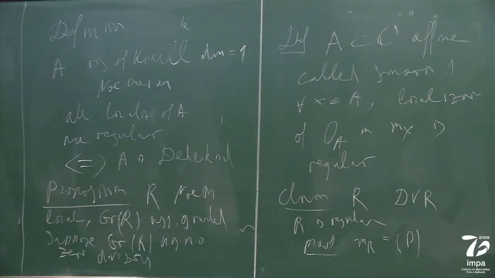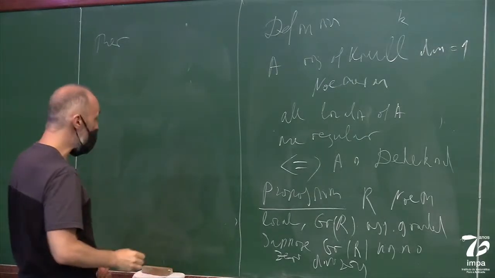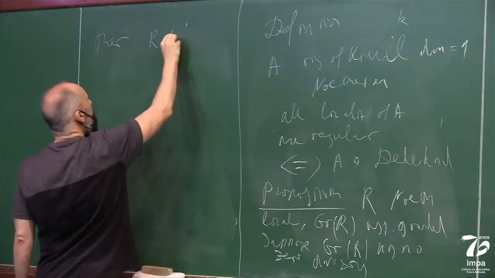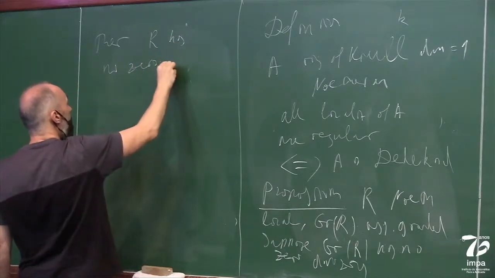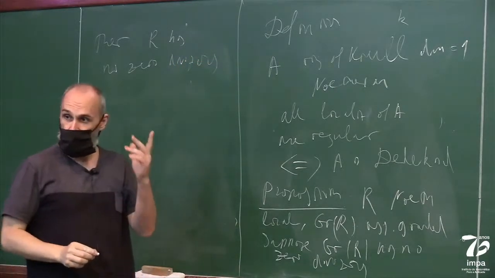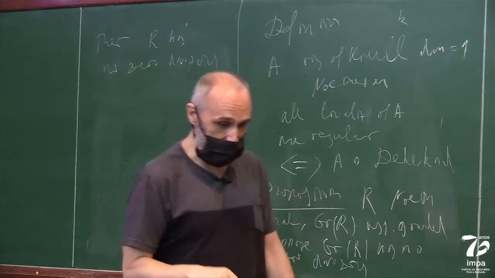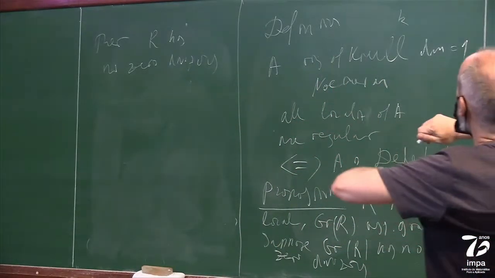Then the same is true for R: R has no zero divisors. The converse is false, as we had last time. Last time I gave an example of a ring which has no zero divisors, but its associated graded ring has.